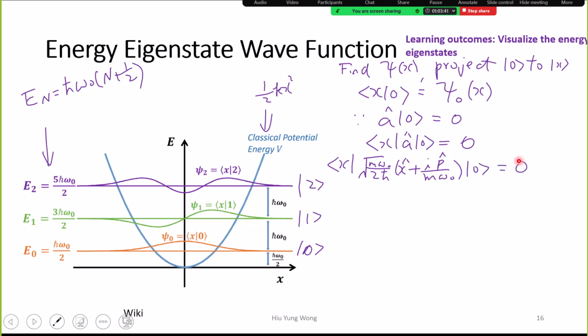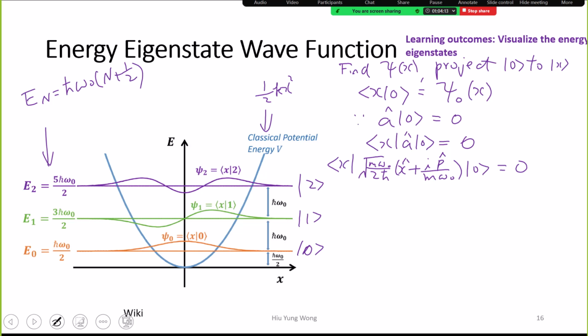Right, so what I'm doing is very simple. I try to find the inner product of x with a 0. A applied to 0 is just purely a number 0. So this is equal to 0. Then I substitute a with this definition of the annihilation operator. And then I can do the distribution rule.